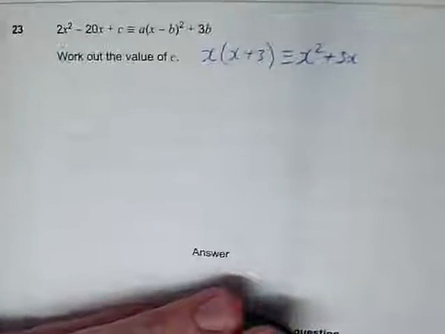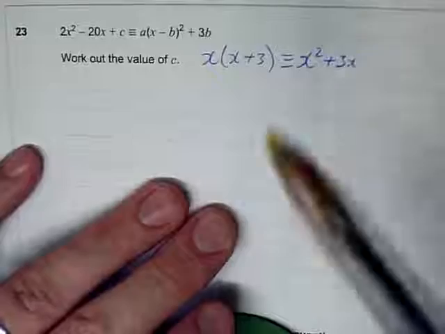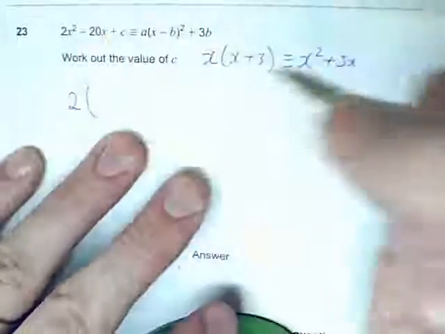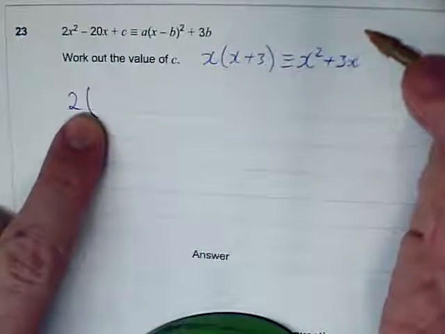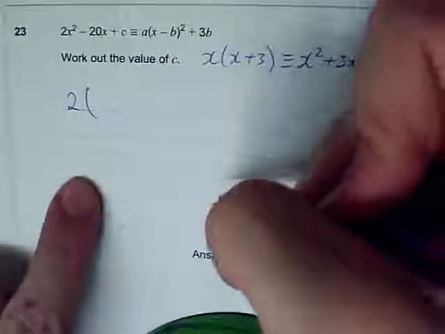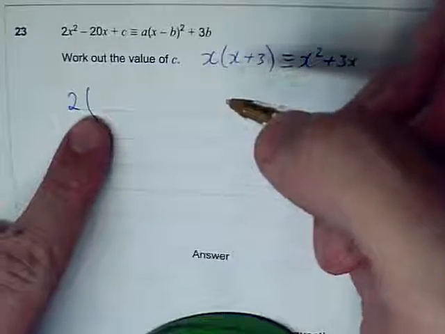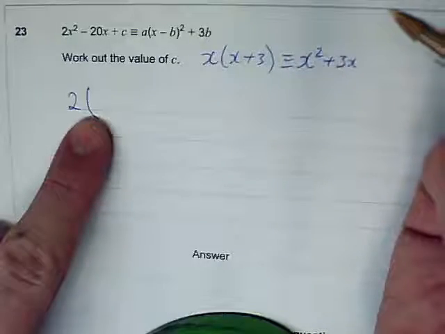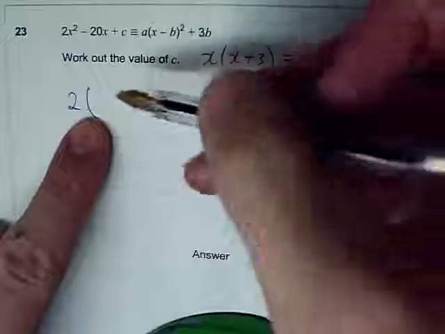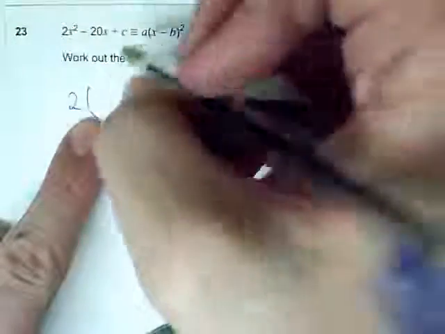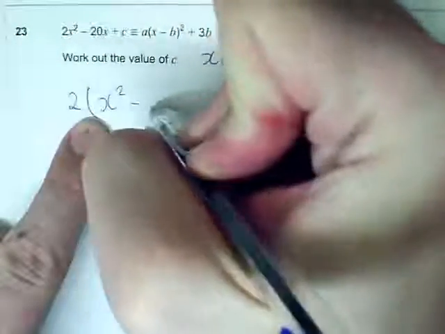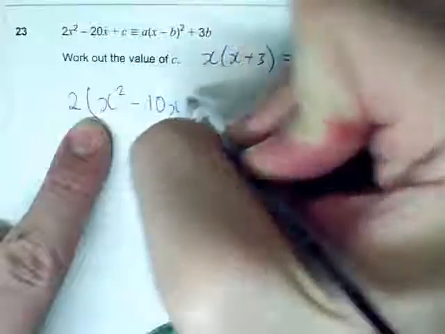So looking at this question, I can't complete the square yet until I've divided every term by 2. So what I'm going to do is take a factor of 2 out, because I need to put that back in at the end. And then I'll be able to complete the square on the bit on the inside. So dividing every term by 2, I'm going to get x squared minus 10x.